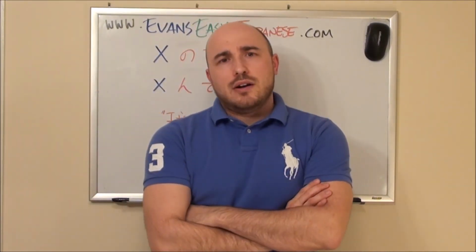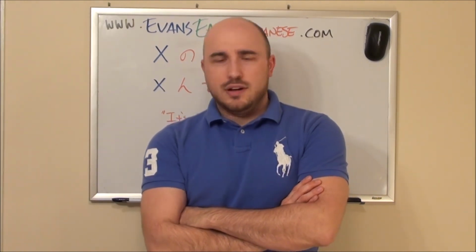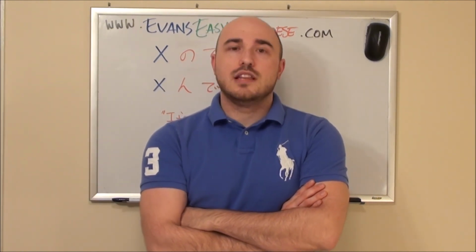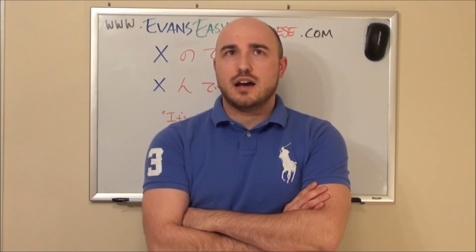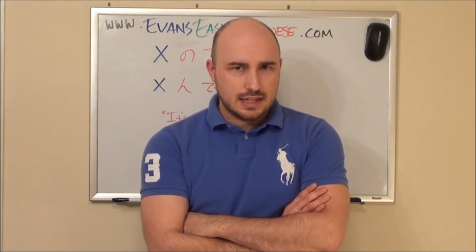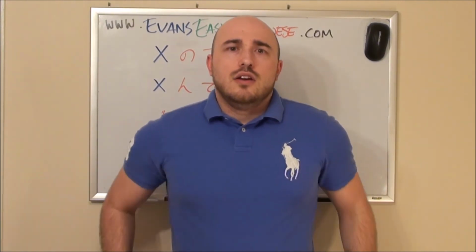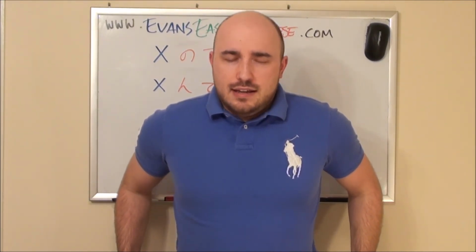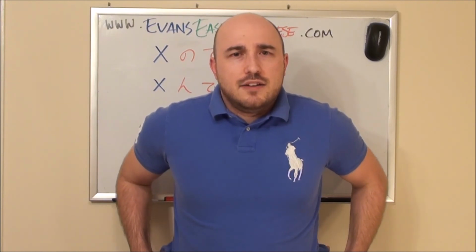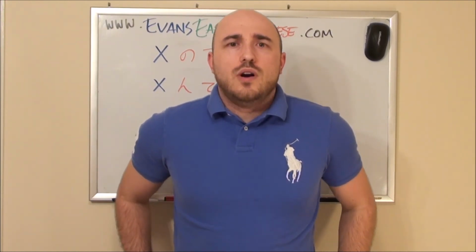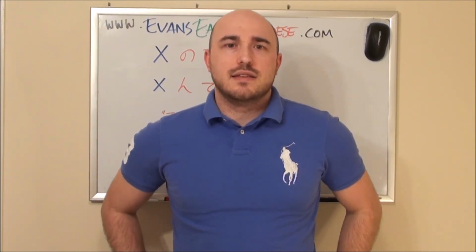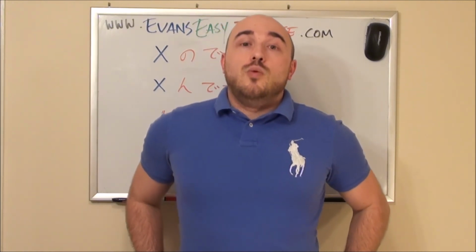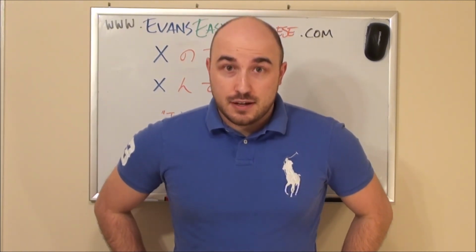Before we begin learning about no des and ndes and no and all those extended predicates, let me first start off by saying this is a tricky one to teach from my end. Basically, if you don't understand everything that I'm saying today, and if it seems like I'm not making enough sense for you, what I want you to get out of this lesson is the basic fact that we're providing a reason for something.